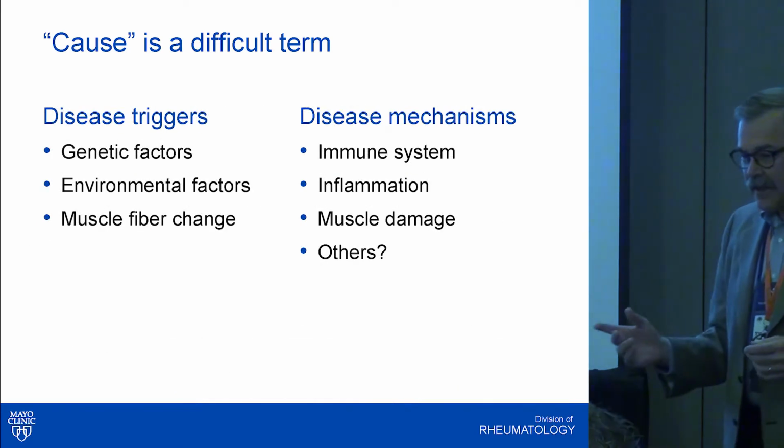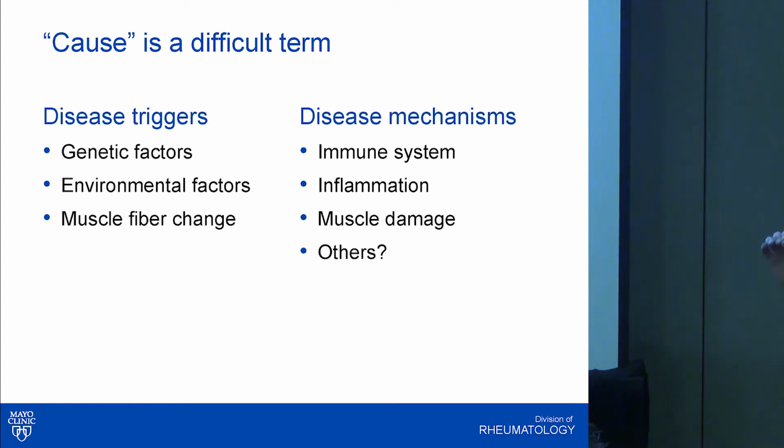So the other reason that cause is a difficult term is, what's it mean? What does cause mean? So I'm going to talk briefly about two different concepts that I think of as cause. One is thinking of a trigger. What is it that triggers the disease? And the other is, what are the mechanisms that lead to the muscle inflammation? Both of them really mean cause to my mind.